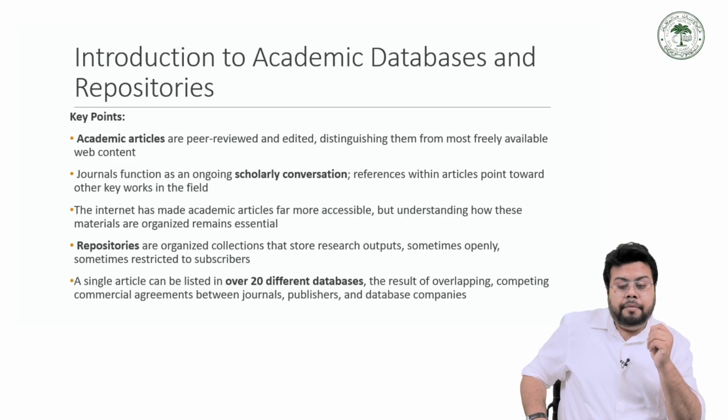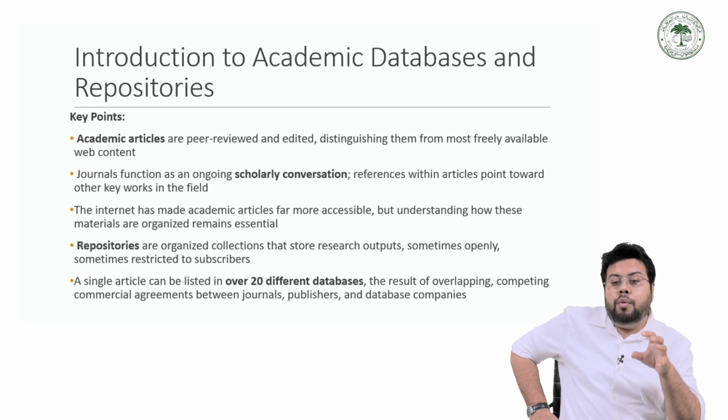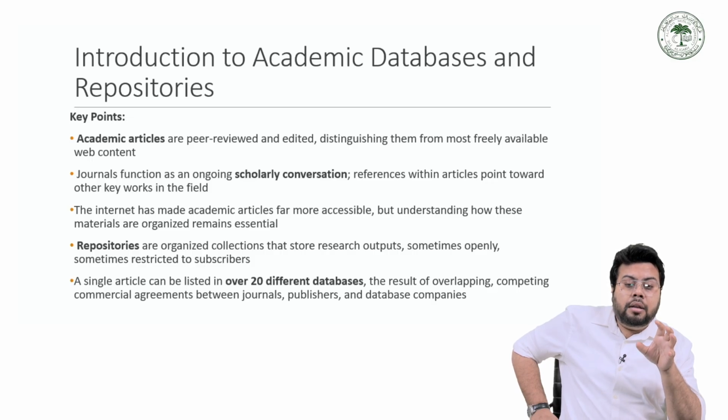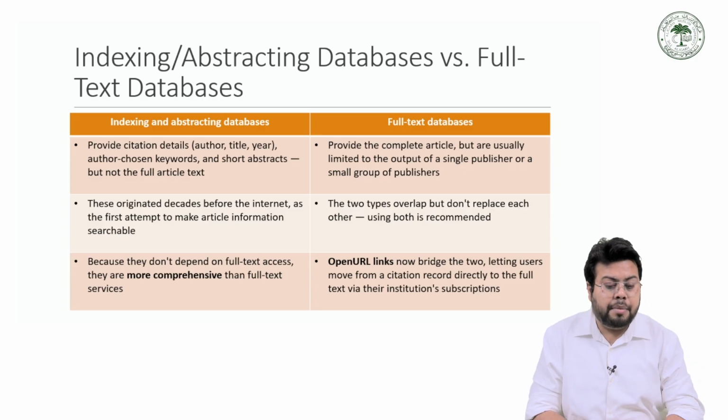This is exactly why understanding how this ecosystem works is a skill in itself, and it's the skill that we are building today. Now, indexing or abstracting databases versus full text databases.